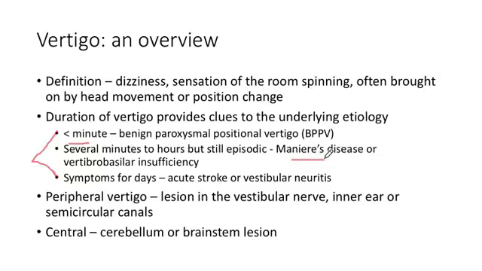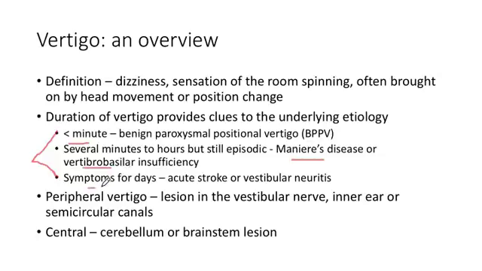And Meniere's disease usually comes in attacks. The attacks can last as long as a day, but they may last only a few minutes. If it's something that comes on and resolves maybe in less than 10 minutes, then it could be a TIA, or vertebrobasilar insufficiency, where you just have transient loss of blood flow to the vestibular system.